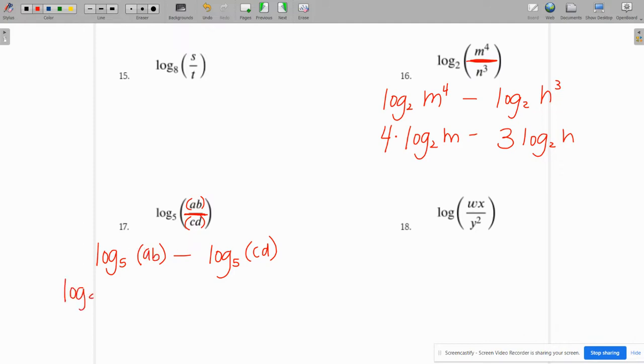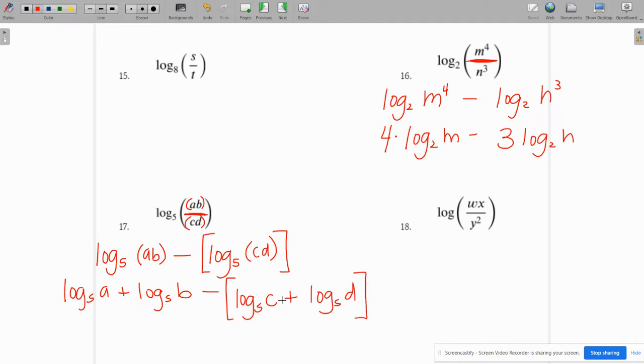Well, this is log base 5 of A plus log base 5 of B. But we are subtracting everything over here, which means we are subtracting log base 5 of C plus log base 5 of D. Because C times D here, it's going to be the addition of two logarithms. But we're subtracting all of that because you were subtracting log base 5 of CD. So that means this is really log base 5 of A plus log base 5 of B minus log base 5 of C minus log base 5 of D.